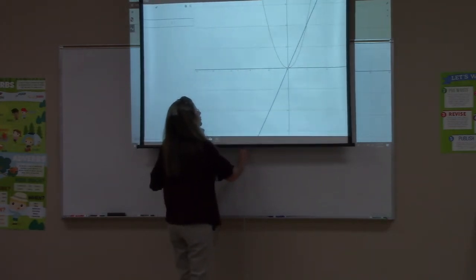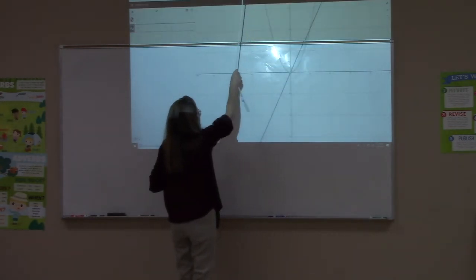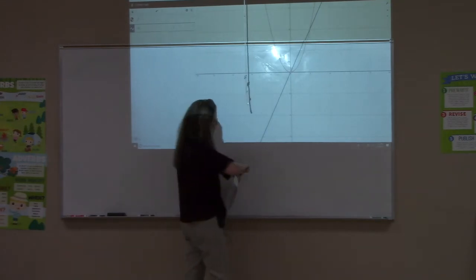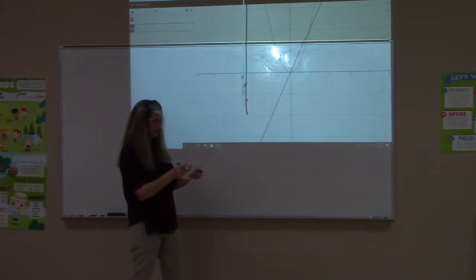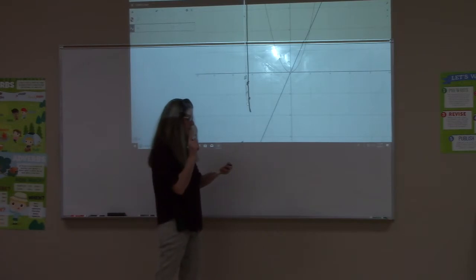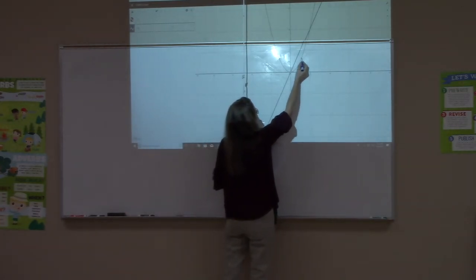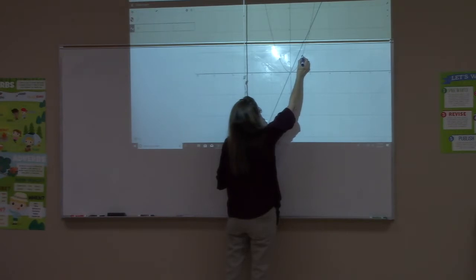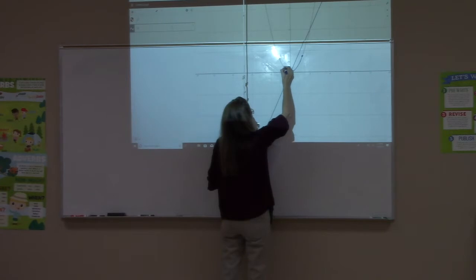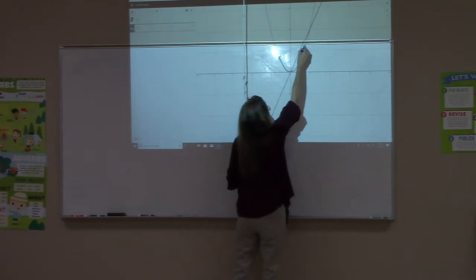I'm going to put this back up so I can draw on it. And the first function, x squared, is only when x is less than or equal to 1. So here's 1 right here. So here is a solid dot, and it goes this way. Okay, so all of this is gone.